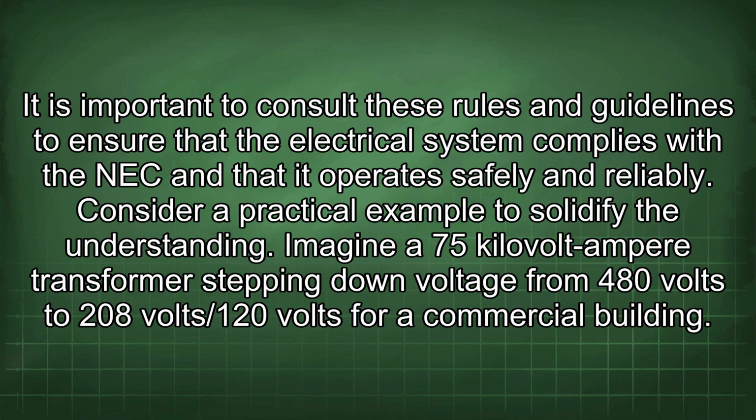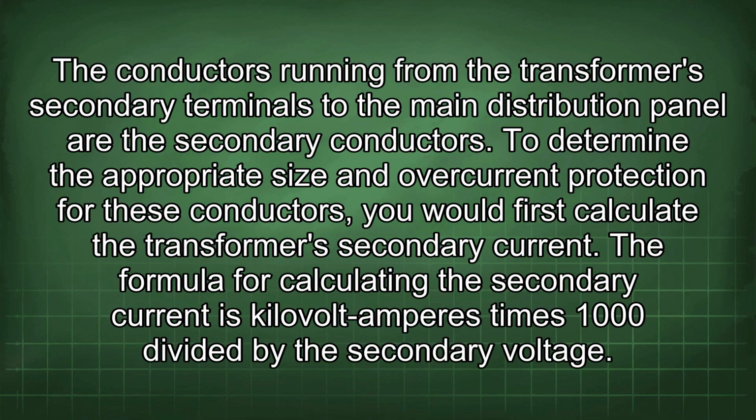Imagine a 75 kVA transformer stepping down voltage from 480 volts to 208 volts/120 volts for a commercial building. The conductors running from the transformer's secondary terminals to the main distribution panel are the secondary conductors. To determine the appropriate size and overcurrent protection for these conductors, you would first calculate the transformer's secondary current.